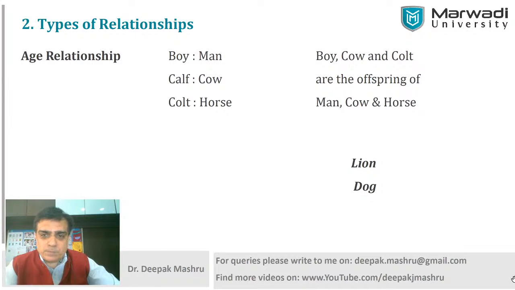Fine. I give you a hint. Lion is to cub, right? Cub is the offspring of a lion. So what is the offspring of a dog? What do we call it? Can you write in the comment box? See, we need to work together, right?